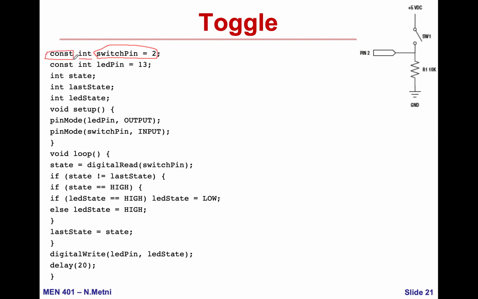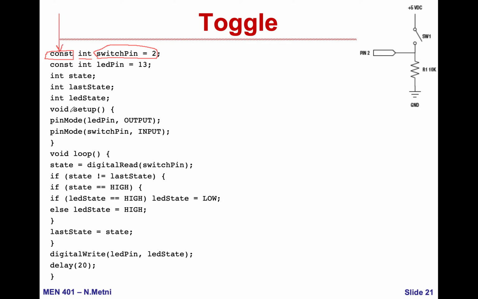In this way, if at any time during the code the switch pin is changed, maybe by mistake, for example if I put switch pin equal to 4, it will give me an error because I created it as constant, so it will never be changed inside the code.